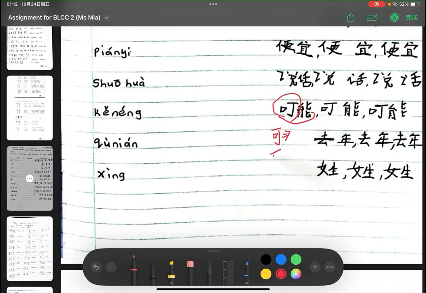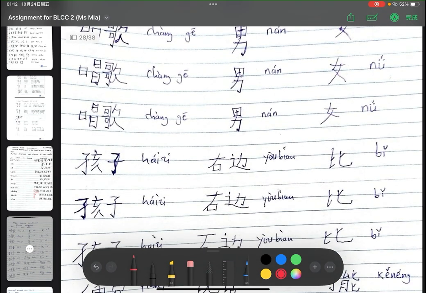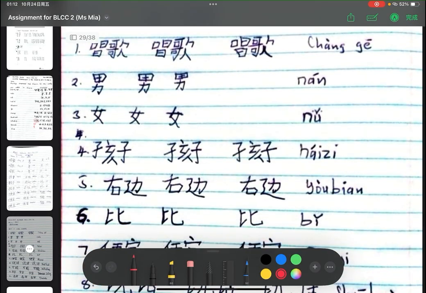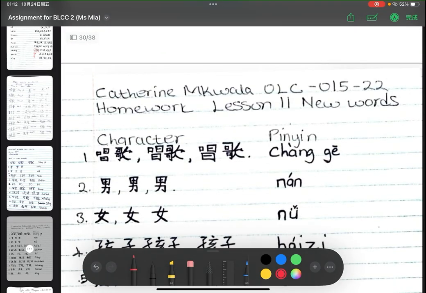So we need to put them close. Okay. So this word, this is another word. Okay, good, very good.